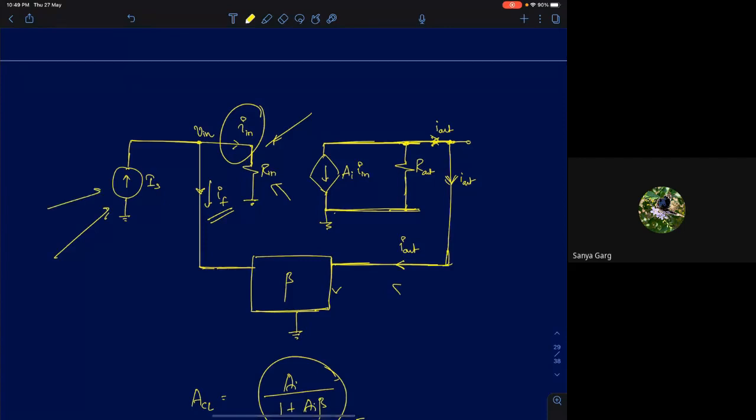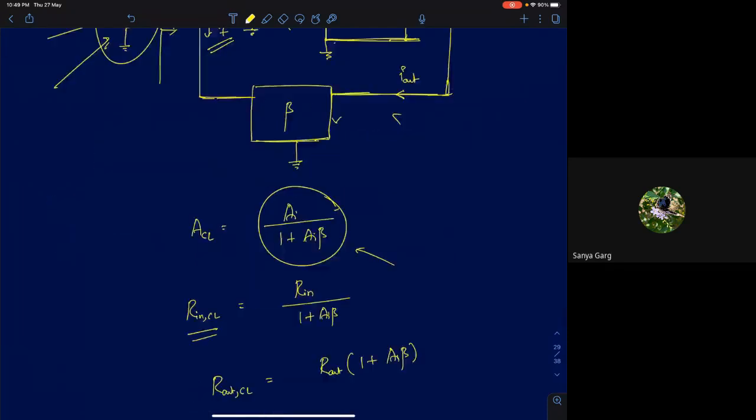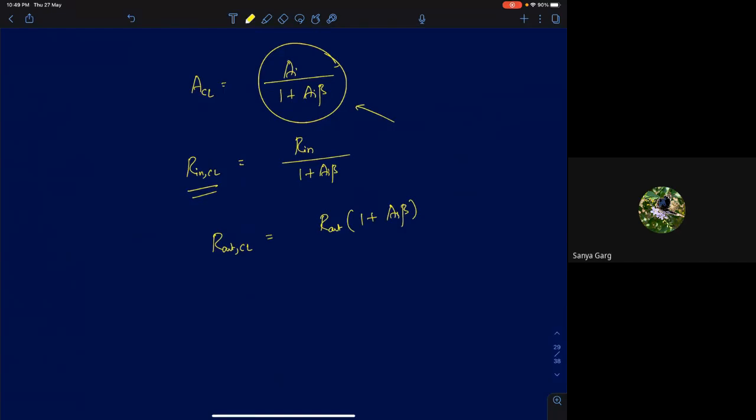So for the same current, the voltage is now reducing, so the voltage source will perceive it as a lower input resistance. For the same current, lower input impedance compared to open loop, so it's going to perceive it as a much lower resistance in comparison to an open loop amplifier. By how much? It's going to be R in open loop by 1 plus A beta.